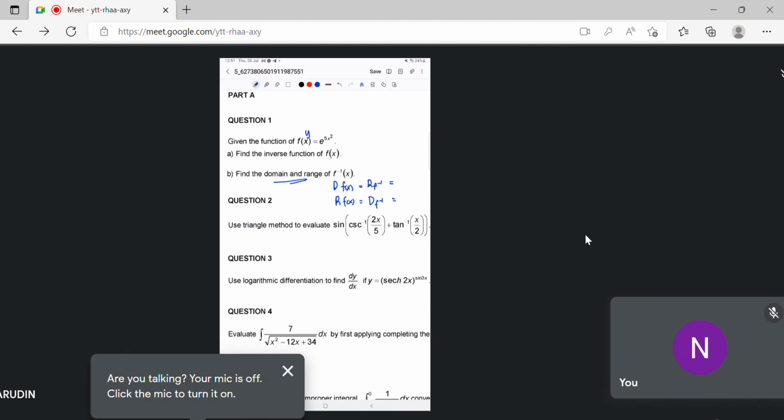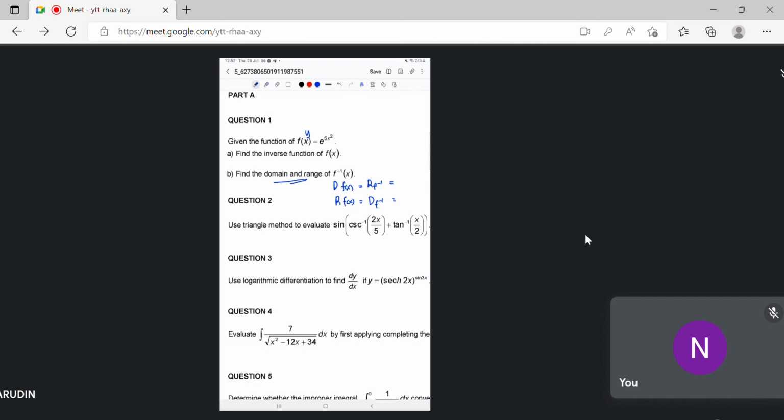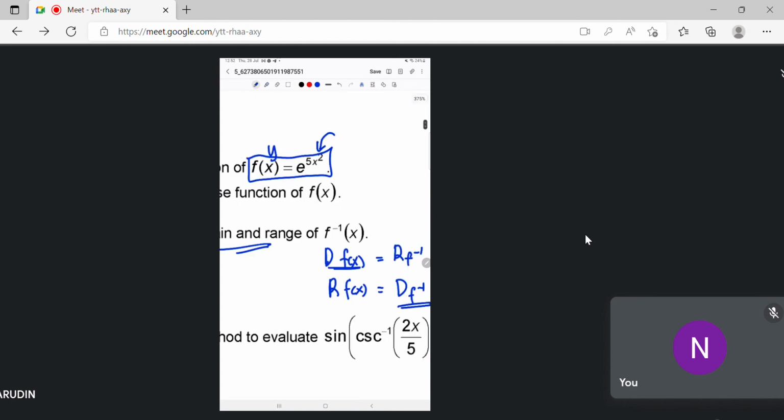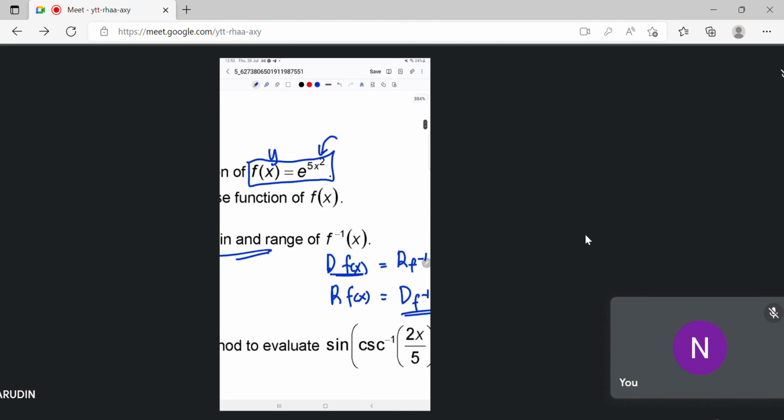Domain adalah nilai yang dimasukkan. Range adalah nilai yang dikeluarkan, hasil dia lah selepas you dah buat operation, dan hasil dia apa. Okay, so that's why to determine the domain and range for inverse function, paling simple adalah kita cari dia punya domain untuk fx, domain untuk inverse function. Okay, domain for fx adalah bergantung kepada, kita tengok pada function fx, and then kita nak cari nilai x dekat dalam function ni. So, if you look at to this function, okay, untuk x adalah kuadratik kan.